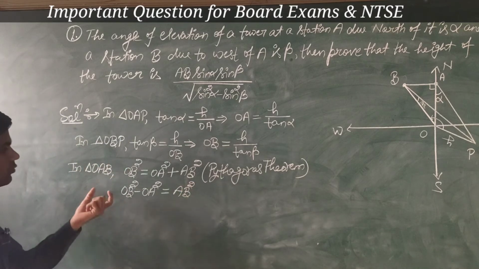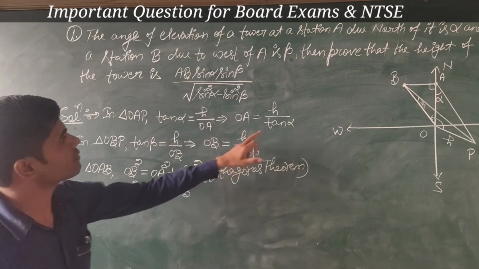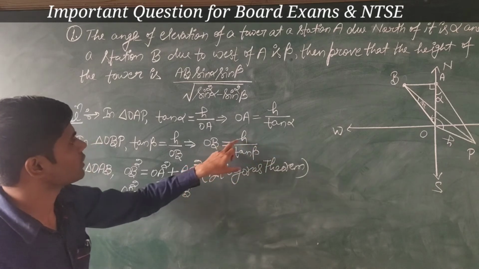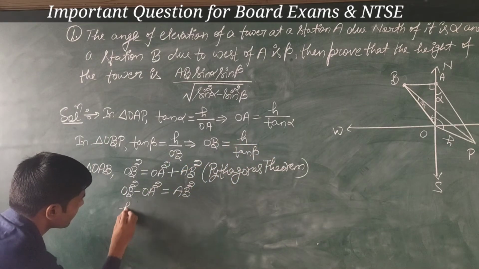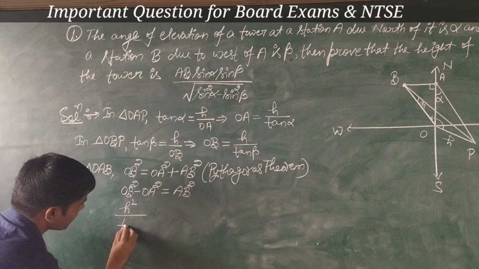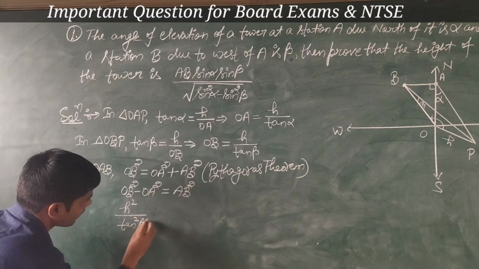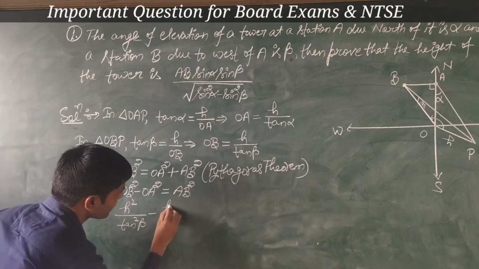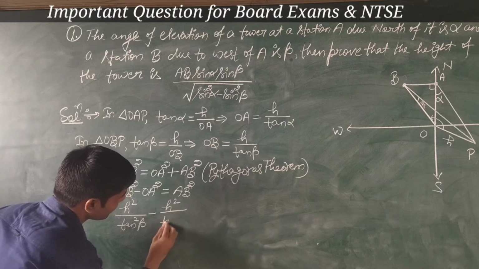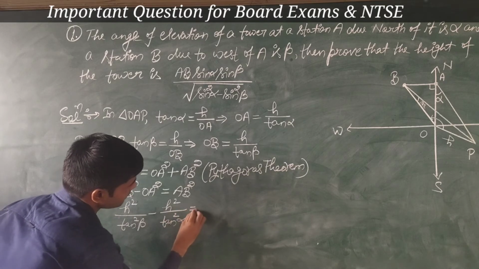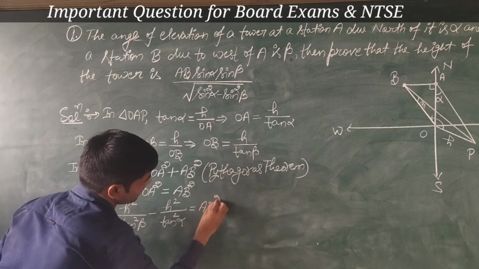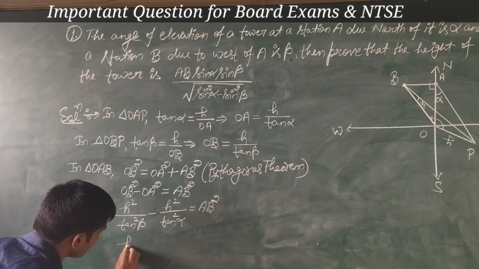Now we can put the values of OB and OA. OA is equal to h upon tan alpha and OB is equal to h upon tan beta. Here h square upon tan square beta minus h square upon tan square alpha is equal to AB square. We can take h square as common.